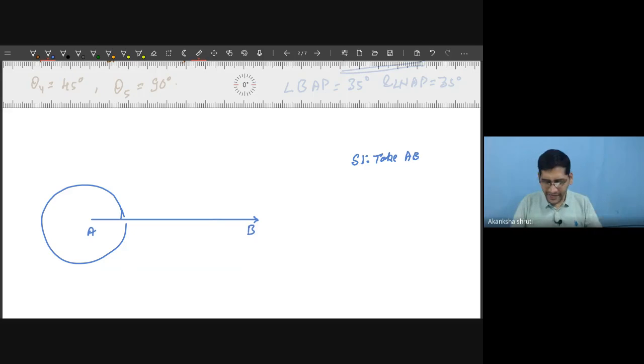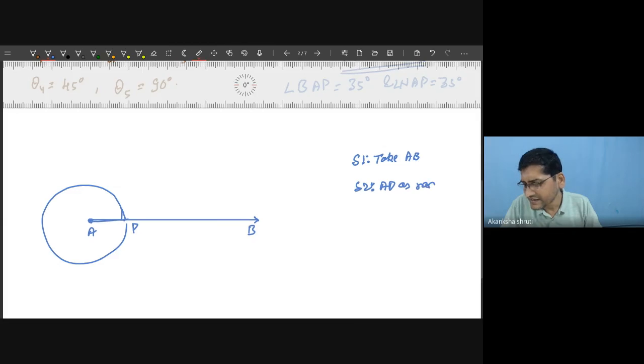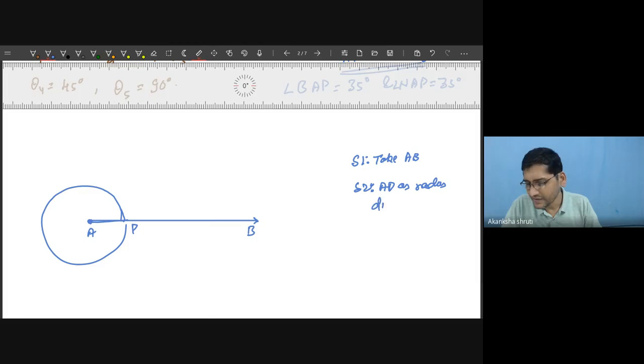Then you will observe that if you are starting from the point, say P, now for this circle with center A and radius AP, draw the circle.